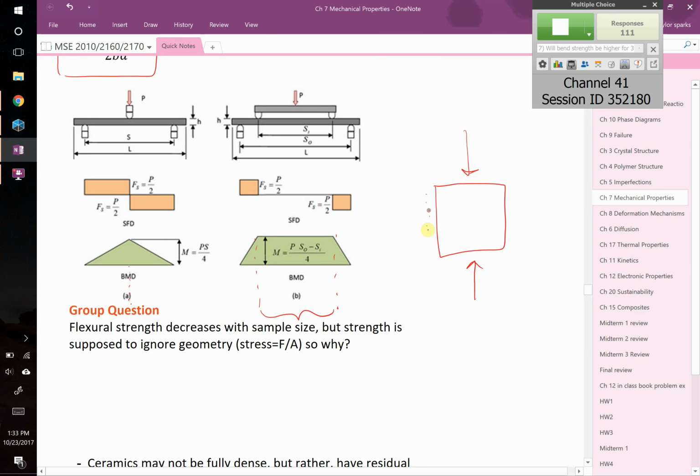And its final shape might look something like this. It's going to get a little bit fatter, because the Poisson's ratio is not 0. If this was cork, it would not get fatter, right? But it's going to get a little bit shorter. So its change in length, delta L over its L naught, is equal to strain, whereas stress is equal to the force divided by the cross-sectional area of this component. Okay?